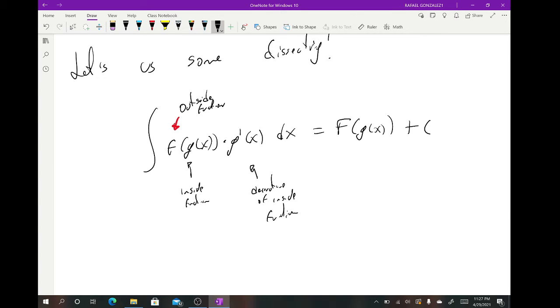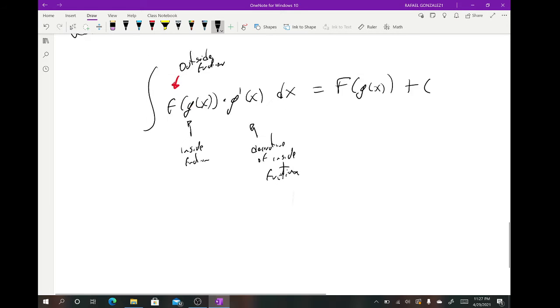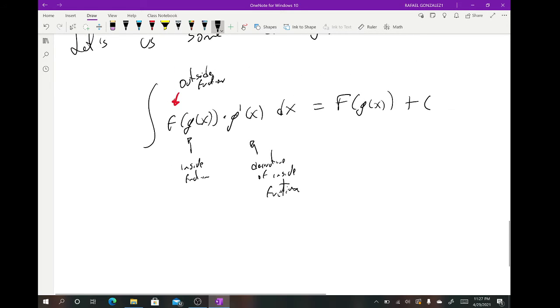It's important that we understand this distinction, because when we do antiderivative problems, this is going to come up a lot. So just remember what it meant to do a composition: if you do f composed with g, f is the outside function and g is the inside function.